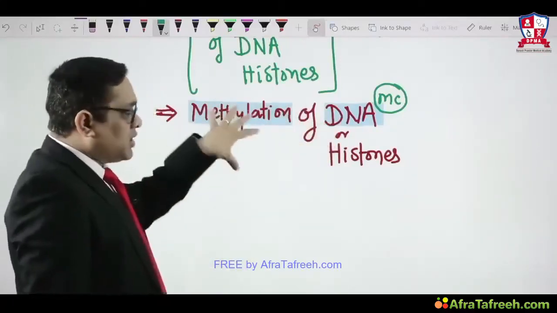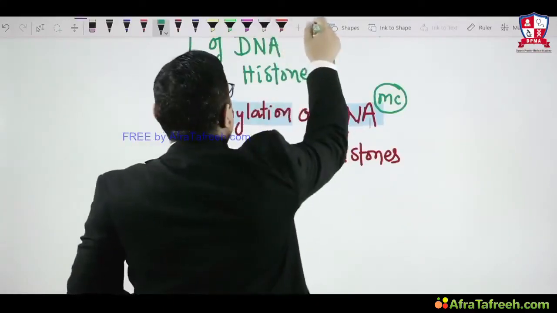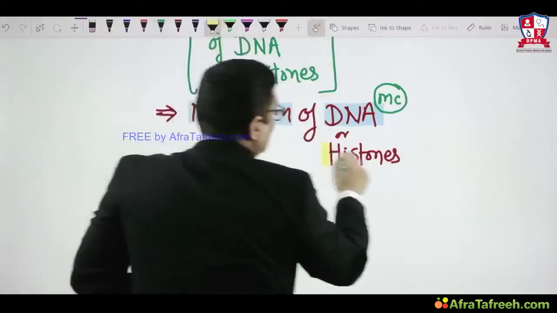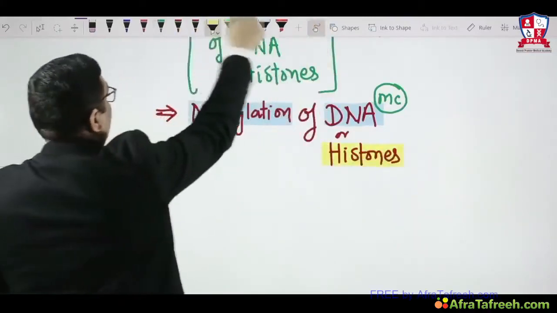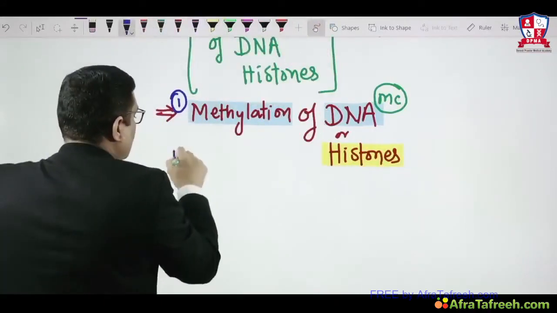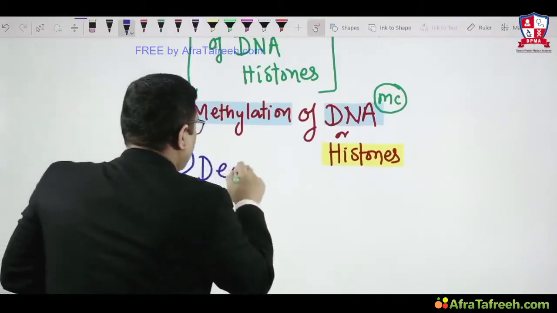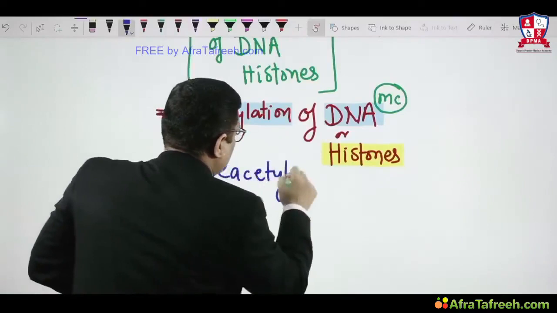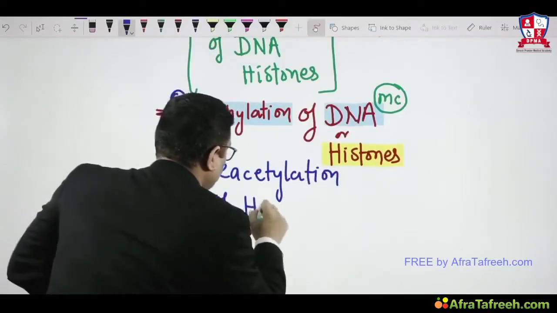Remember, it is not only methylation of DNA, it can be methylation of histone also. So there are various methods. It is methylation of histone or DNA, and it can be because of deacetylation of histones also.